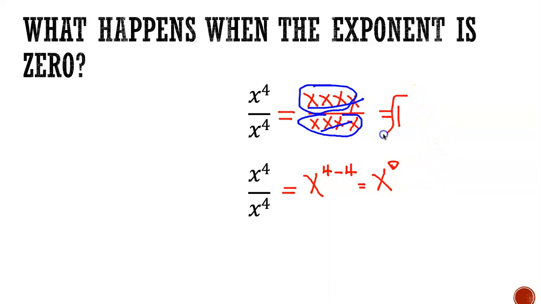So these two things are equal to each other. X to the 0 is equal to 1. So anything to the 0 power is equal to 1.